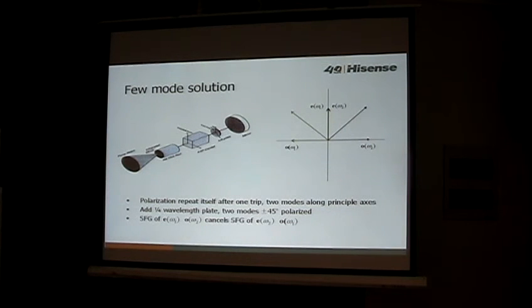But if we add quarter-wave plates into the cavity, then the eigenstates of polarization will change to have a 45 degree relationship with the two axes, Ex and Ox.